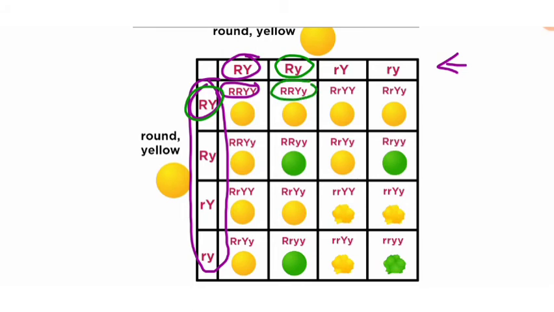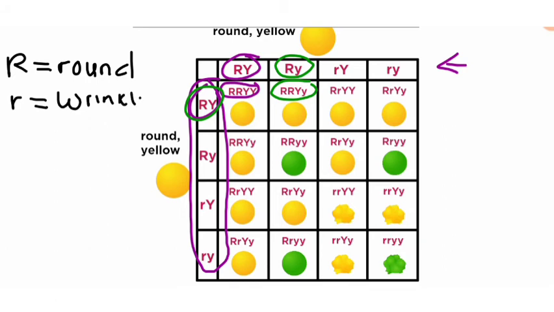What you have to understand here is that capital R represents roundness, so it's for round, and small letter r represents wrinkled. Capital letter Y represents yellow, and small letter y represents what?